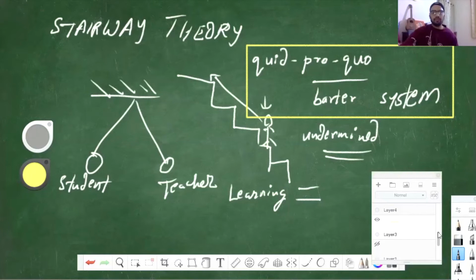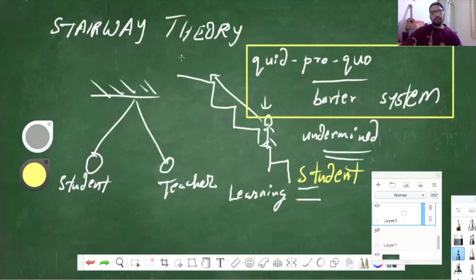So what we're saying is that at the bottom part, you are a student, and at the top, you are a teacher.